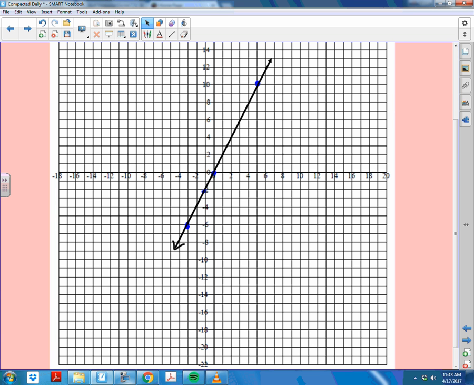Okay. Now, here's what I would like for you to please do. I want you to please make a table of the following ordered pairs. And by the way, you can put this one in yours as well.